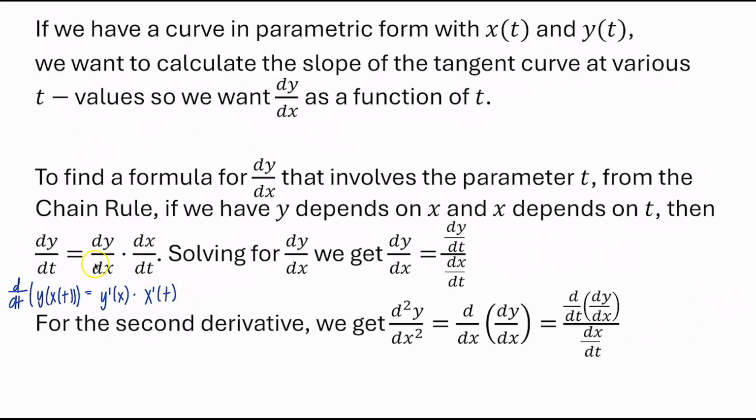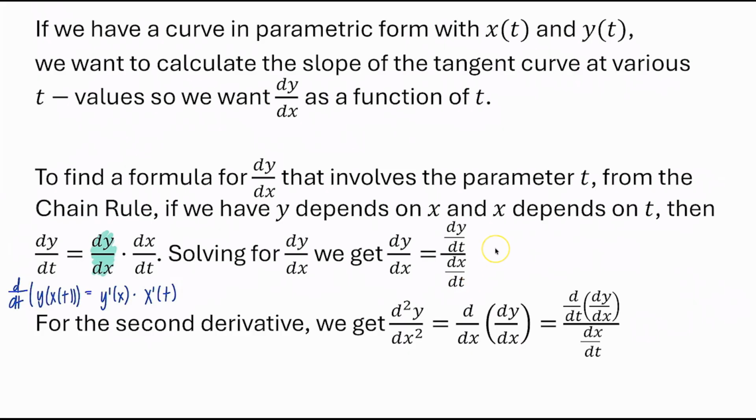So we have this equation, and we're going to solve it for dy/dx. If I solve for dy/dx by dividing by dx/dt, we get dy/dx is equal to dy/dt all over dx/dt.